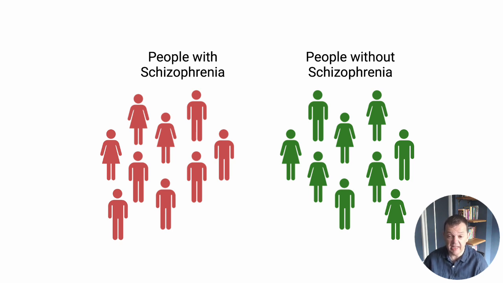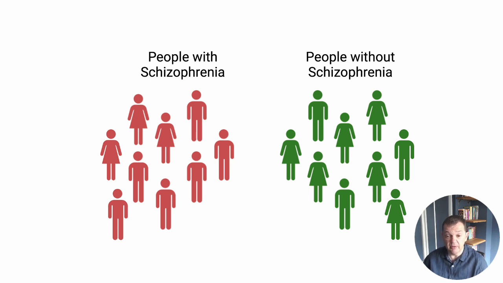So I want to talk slightly about why we do genetic studies and how those genetic studies are performed. So usually what we do is identify a group of people with schizophrenia and a group of people without schizophrenia. And typically the number of people that we need in the studies runs into the thousands or tens of thousands.